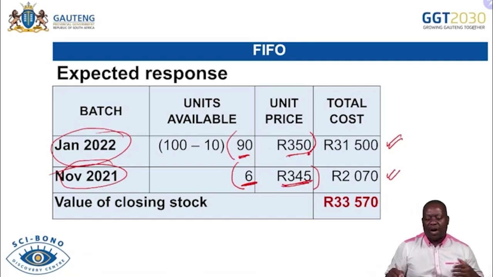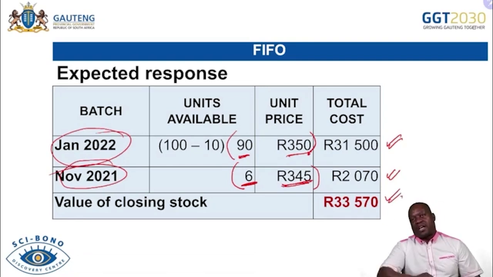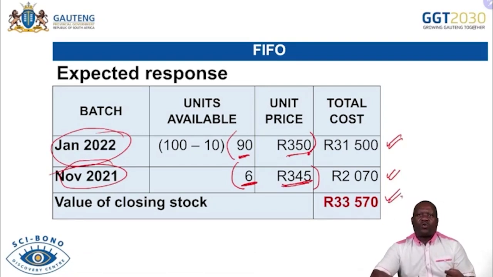The value of our closing stock is going to be 33,570. Please take note. Though it was saying let's calculate the value of our cost of sales, let's not worry about that. Let's not get to the cost of sales.